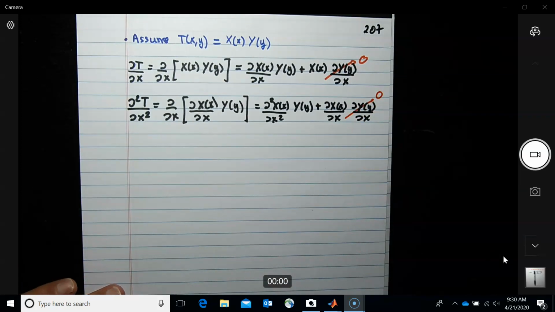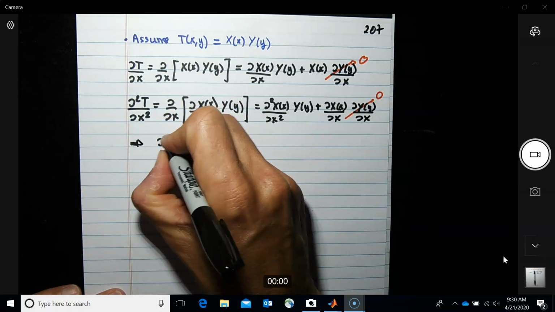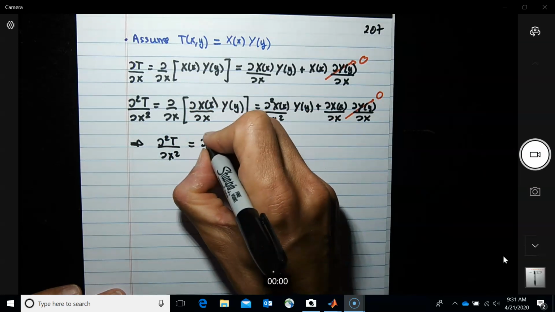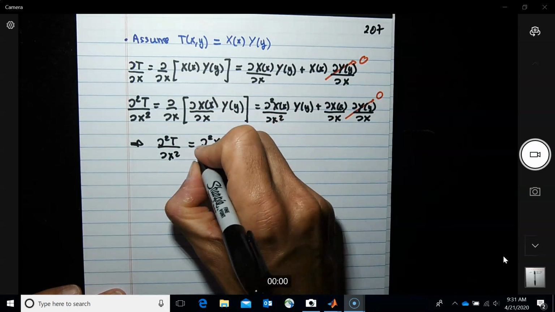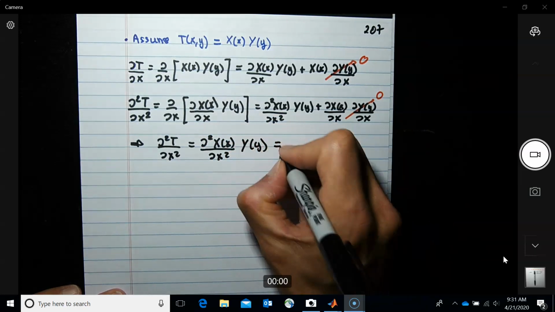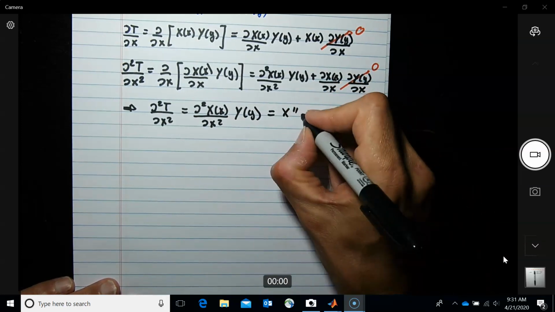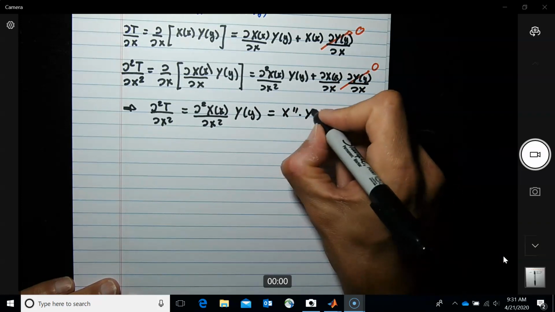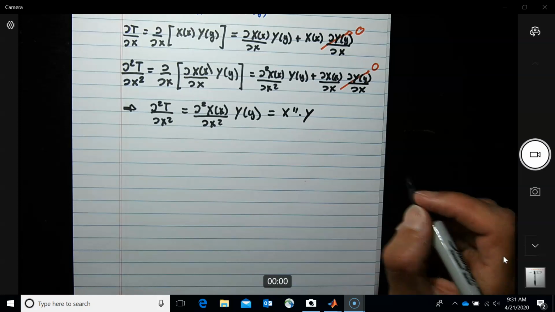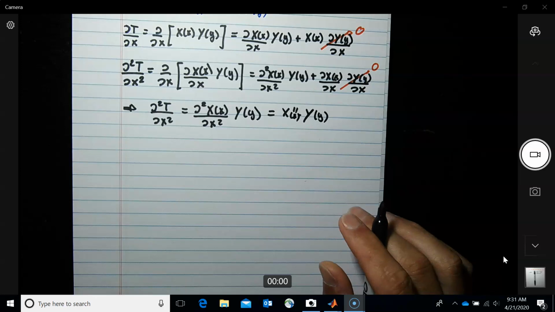So basically what we have is that the second derivative of T with respect to x squared would be equal to X double dot times Y, or if you want, you can put here of x and this of y.